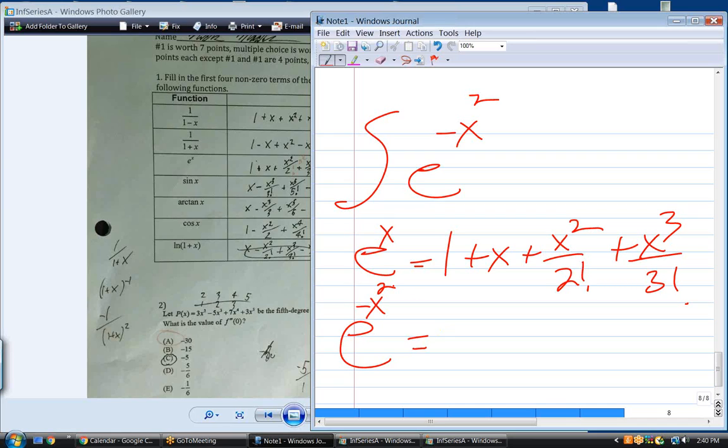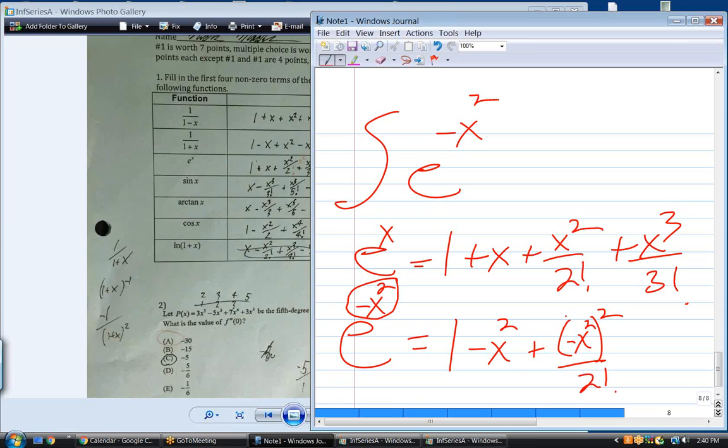Well, again, you're substituting that wherever you see x. So it becomes 1 minus x squared plus, and in place of x, we're going to write minus x squared over 2 factorial.